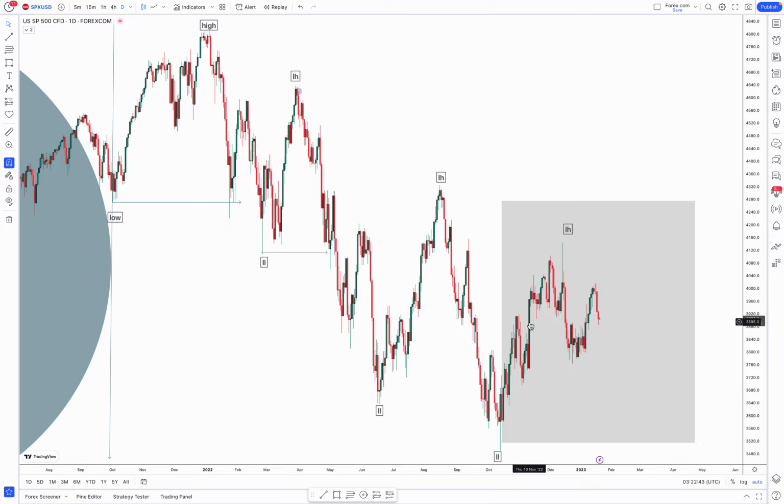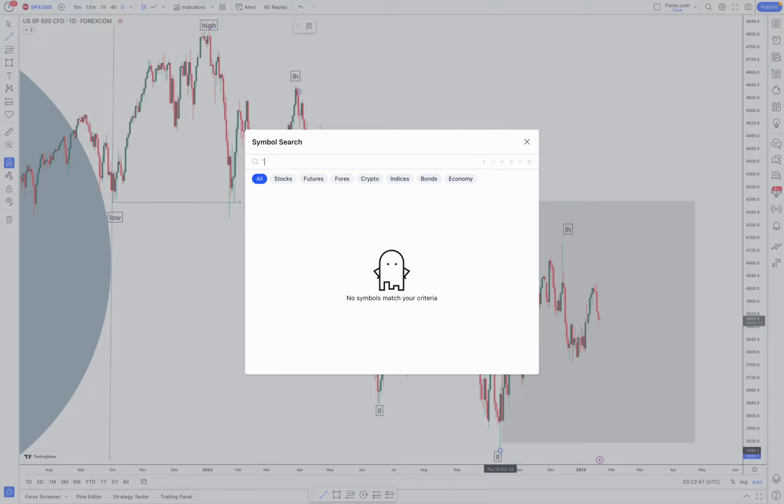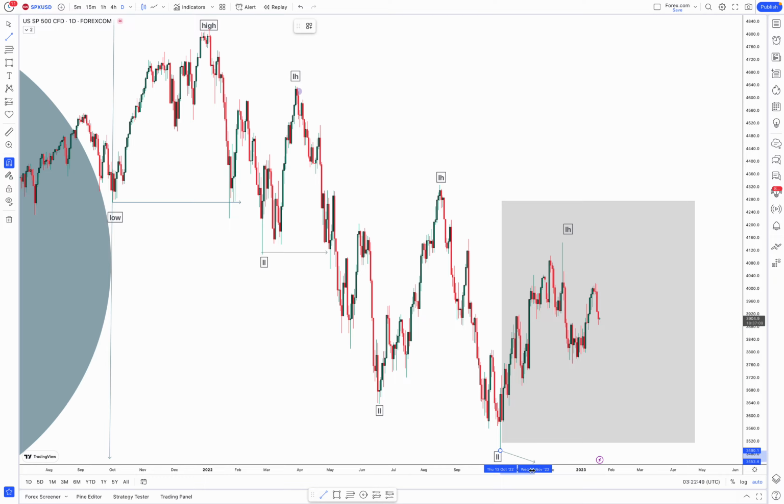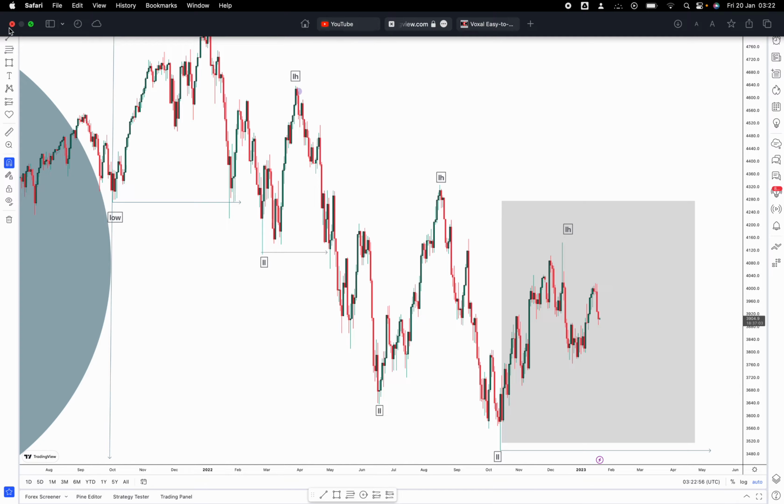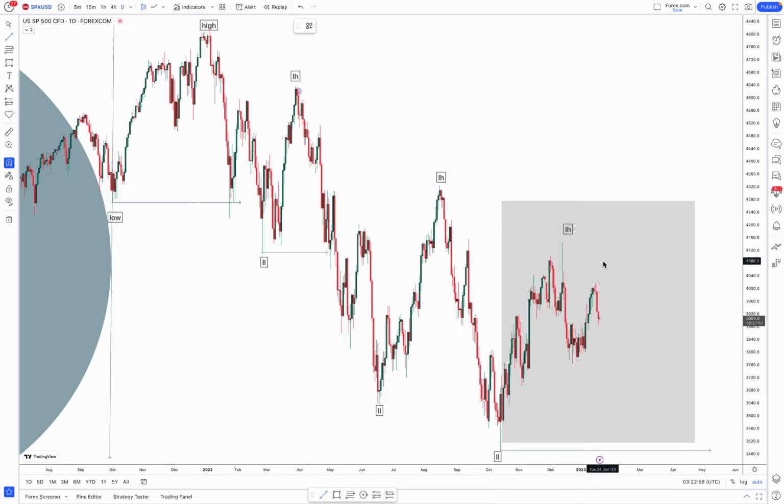and then potentially we'll be targeting taking out this lower low. So the market is most likely going to, structure wise from the daily time frame, go low and create another lower low.